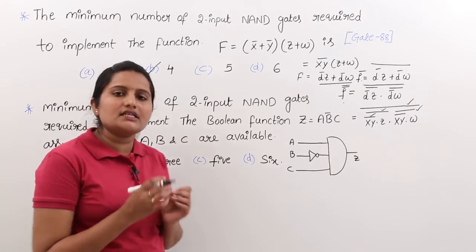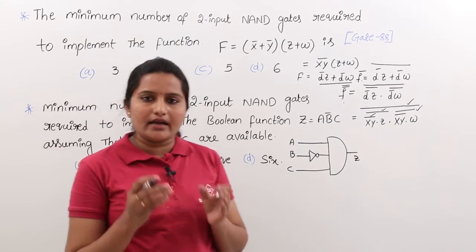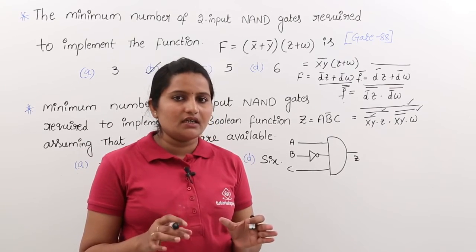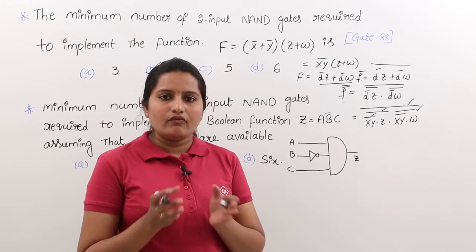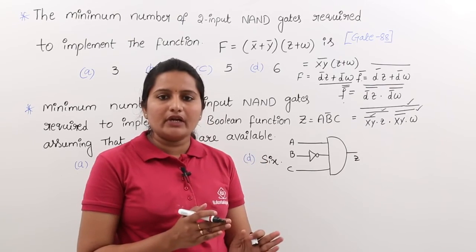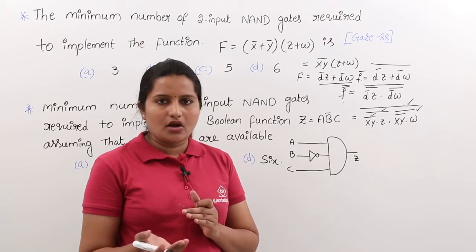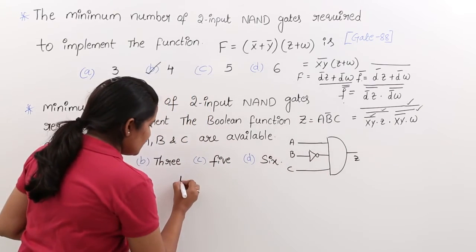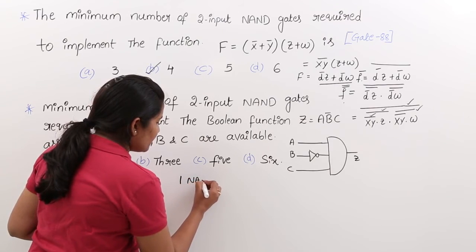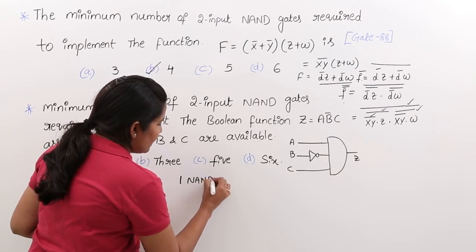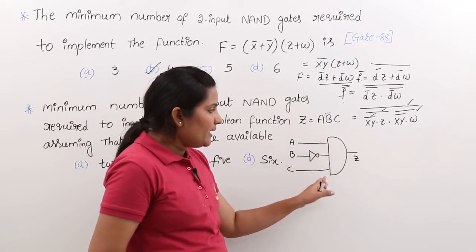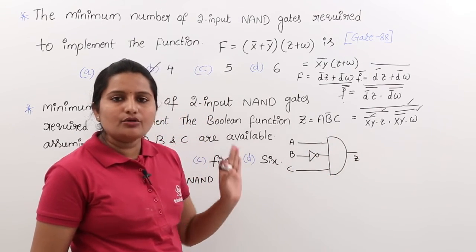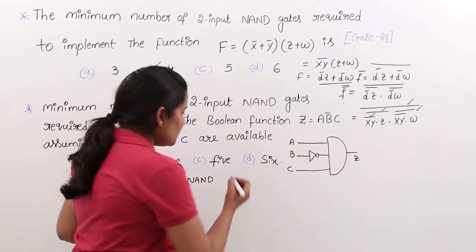In realizations of NAND gate, I gave you the equivalent circuit of NOT using NAND, that is, one NAND gate with clubbed inputs will act as a NOT gate. So if NOT is there, one 2 input clubbed NAND gate is required.